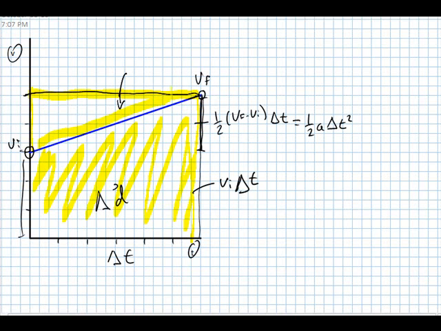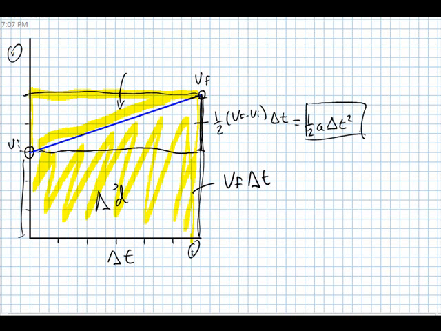The area of the big rectangle is in fact not vi delta t. The big rectangle is vf by delta t, so that's vf delta t. The area of this triangle, however, is exactly the same as the area of the other triangle, which is 1/2 a delta t squared.